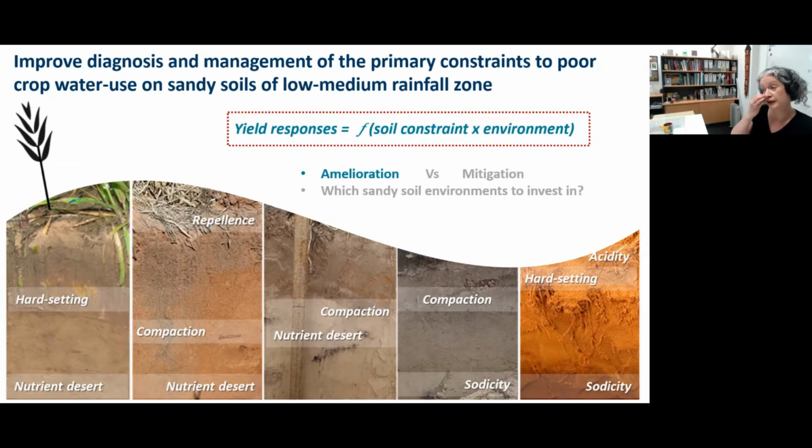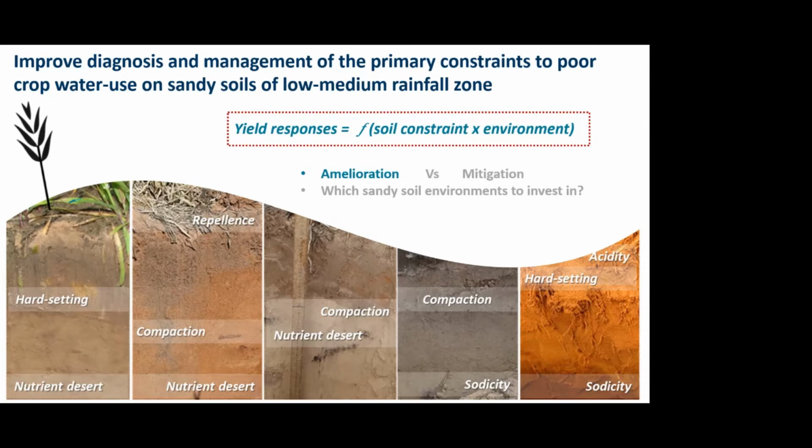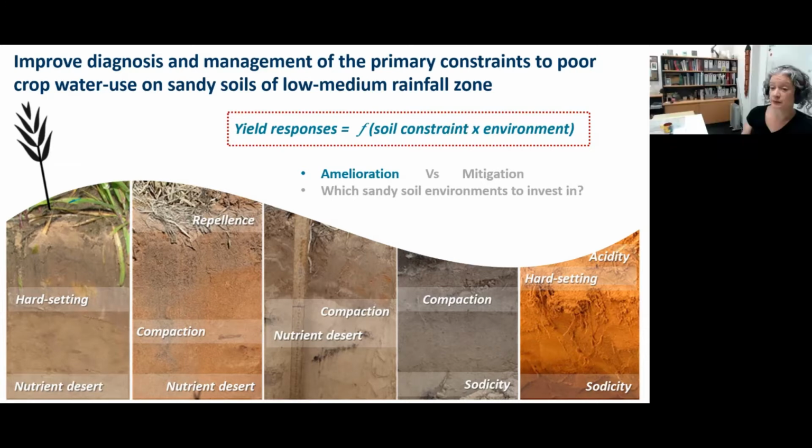And then as we go down the profile, there's typically poor water holding capacity, poor nutrient retention, as well as hard layers within the soil, and deeper down there may be acidity issues or pH issues, both acid and alkali, and also potential sodic layers at depth. So it's a real mixture of different constraints that come into play.